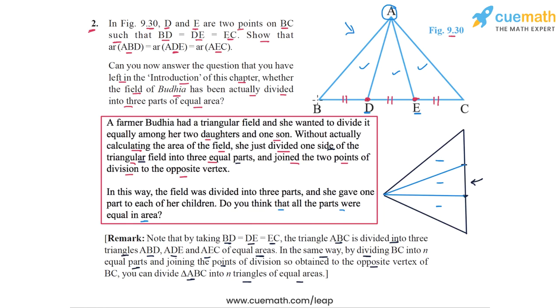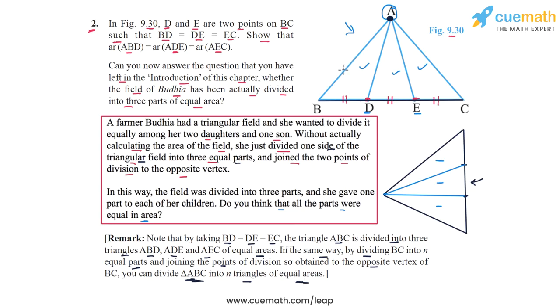So basically, if you took this side BC, and instead of dividing it into 3 equal parts, if you divided it into n equal parts and joined all the points of division to this opposite vertex A, you would end up dividing the triangle into n smaller triangles. And what this remark is saying is that those n parts will all have equal areas. And why will they have equal areas?